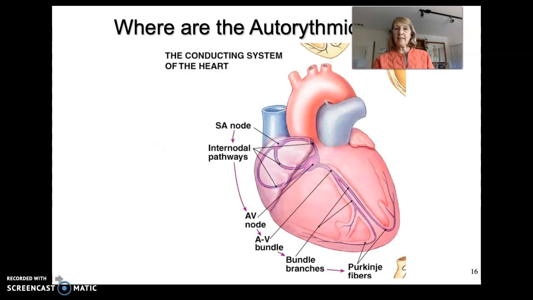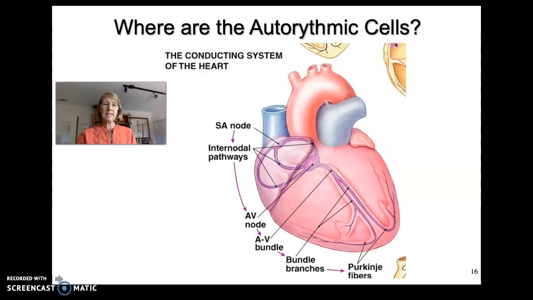Where are they? The location is very specific, and we have a node, which means a bunch of them, in the right atrium. And that electrical activity is going to radiate through this atrium and over to the other one, right? Over to the other side. So both atria now connected. But it's not strong enough to actually go the whole way down into the ventricle.